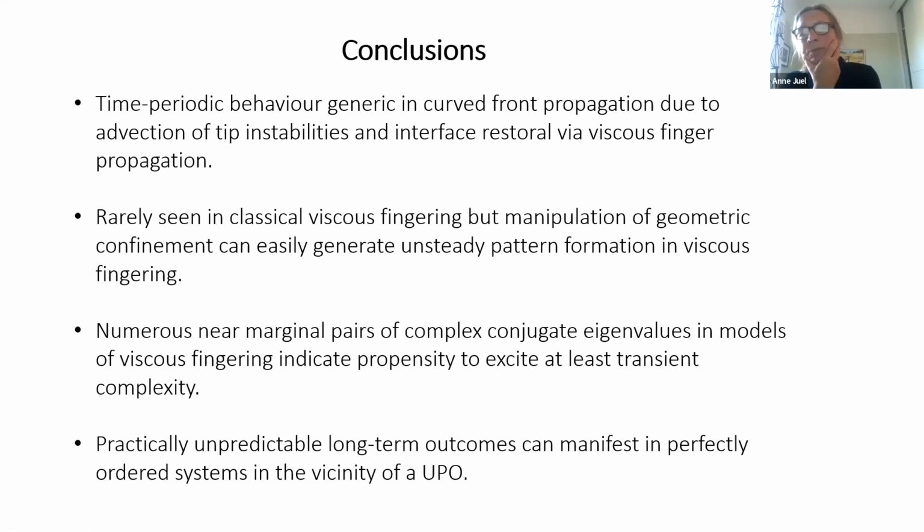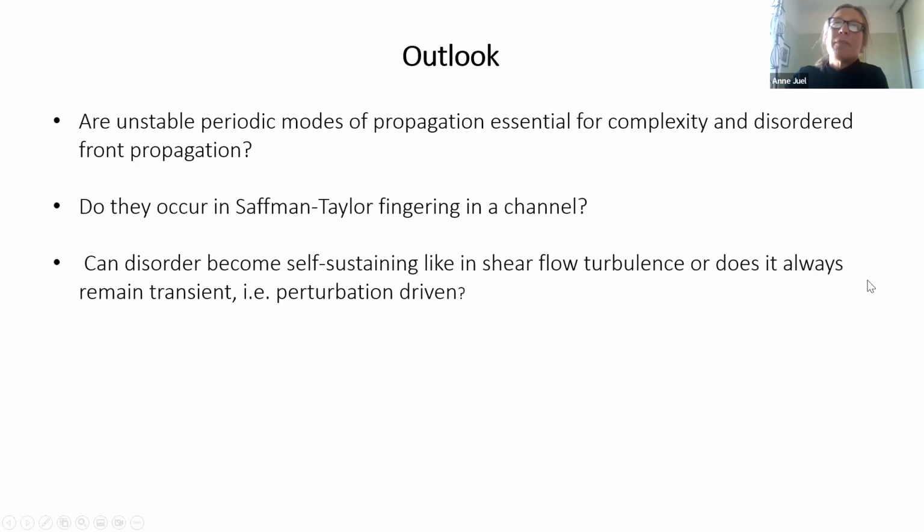And then what I just gave you a glimpse of is that you can also have these essentially unpredictable long-term outcomes, which manifest even in perfectly simple ordered systems at really quite low flow rate.